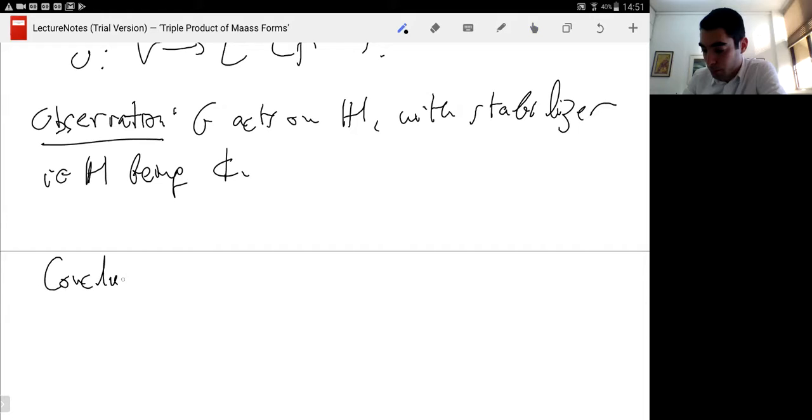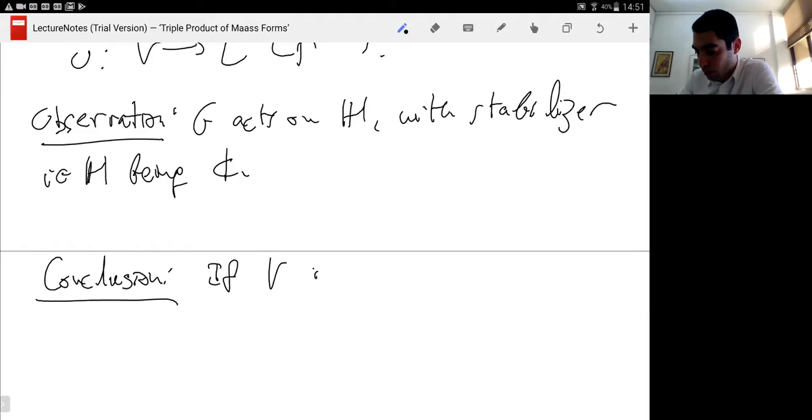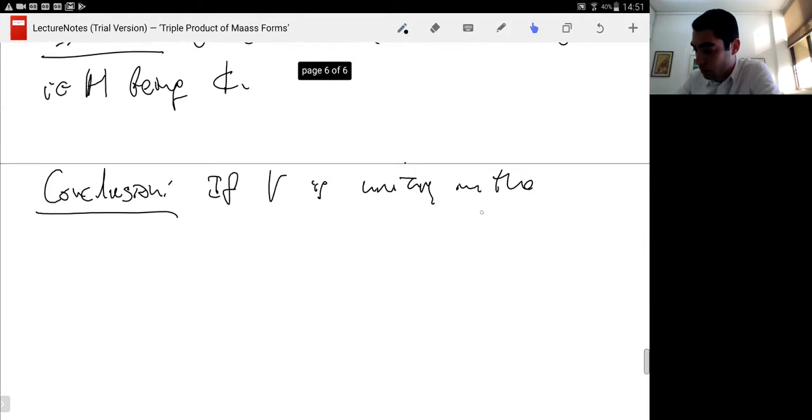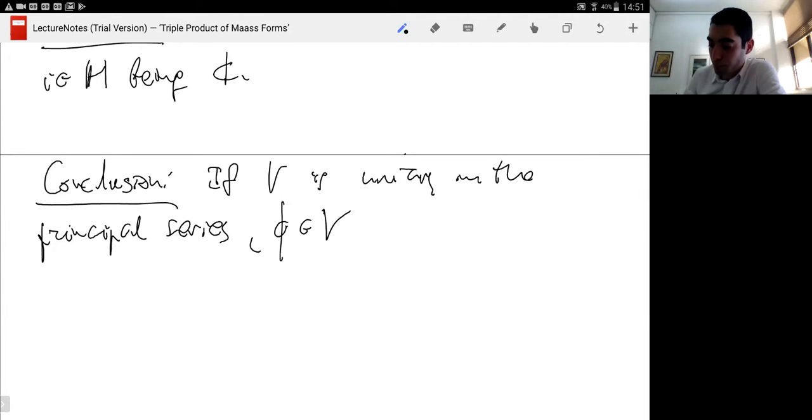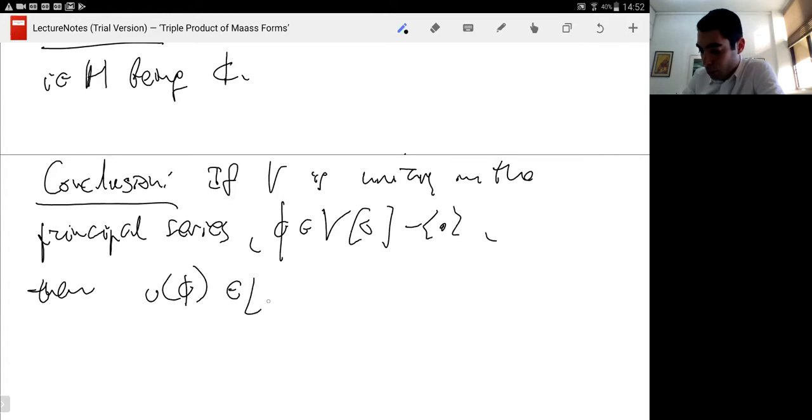So, conclusion of this entire journey. If V is unitary in the principal series, and phi is K-invariant, not 0, then if we transport phi to L2 of G mod gamma, it is a Maass form.